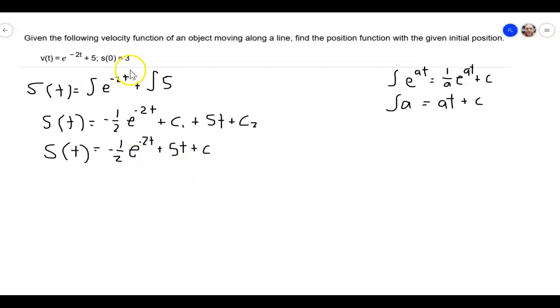And now I'm going to use this additional information here and say when our variable t is equal to 0, the function here is equal to 3, and that will let me solve for this constant.